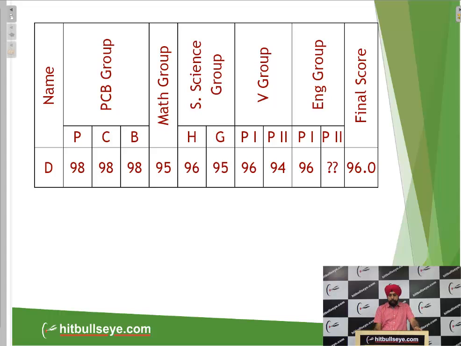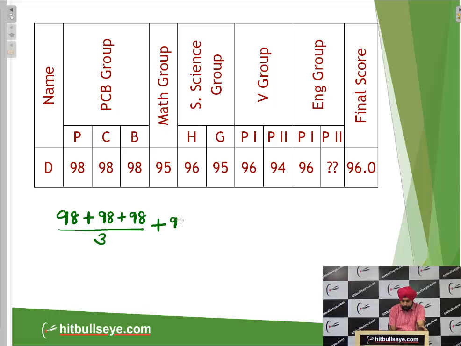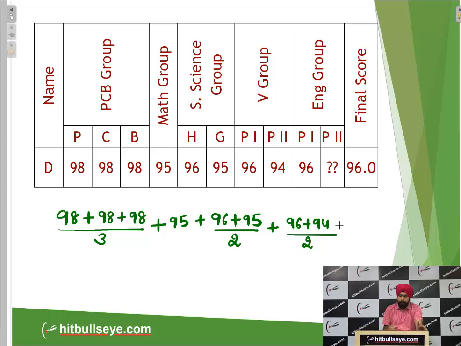Let me talk about the traditional method to answer this. Now we need to find his average in the PCB group, which will be the sum of the 3 terms given divided by 3, plus 95 score, plus 96 and 95, 2 marks in the social science group, plus 96 plus 94, again 2 papers in the vernacular group, plus 96 and X which is missing, again a 2 paper group.